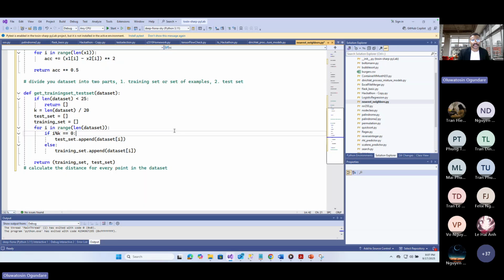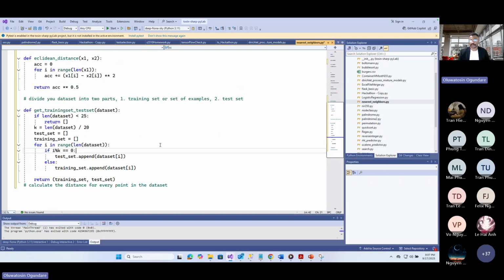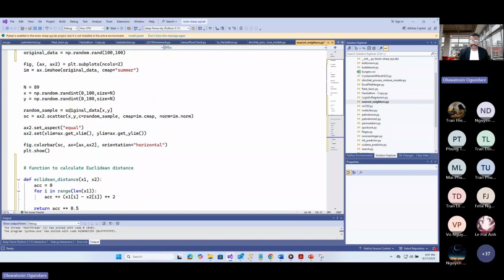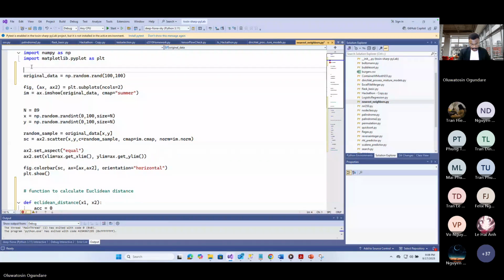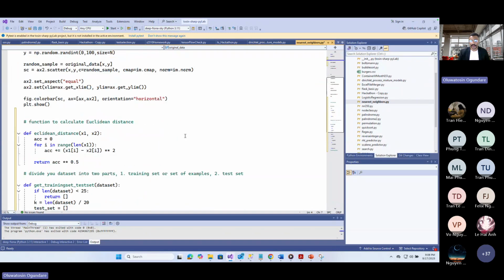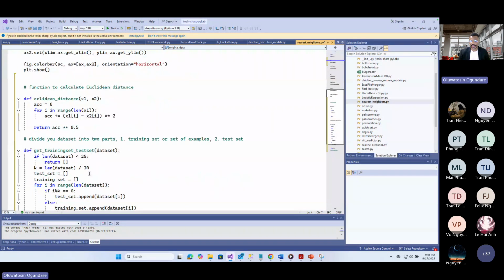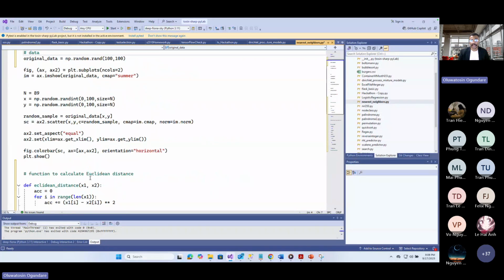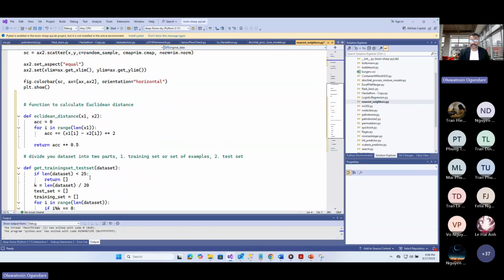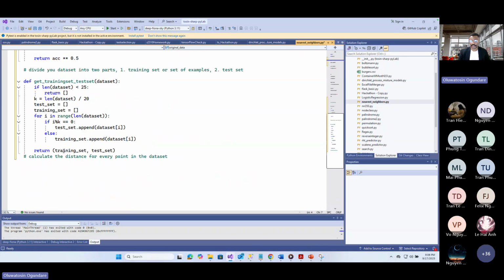So the point of this is to show you that you can easily write your Python functions. You've generated your code. So this is your data, and you have your Euclidean distance, and you can get your test and training set. Now, let me not use K here because it's confusing.